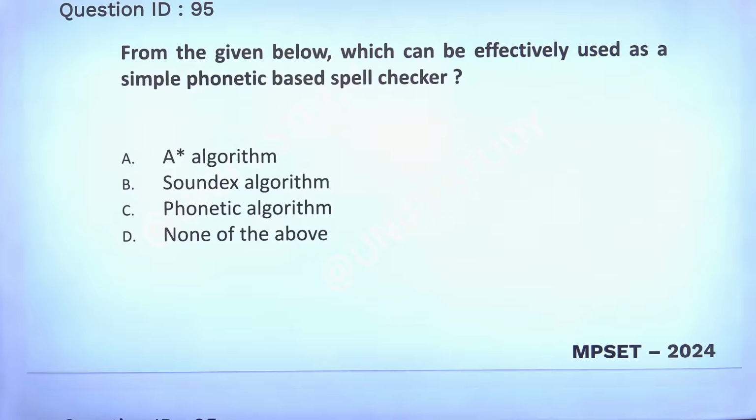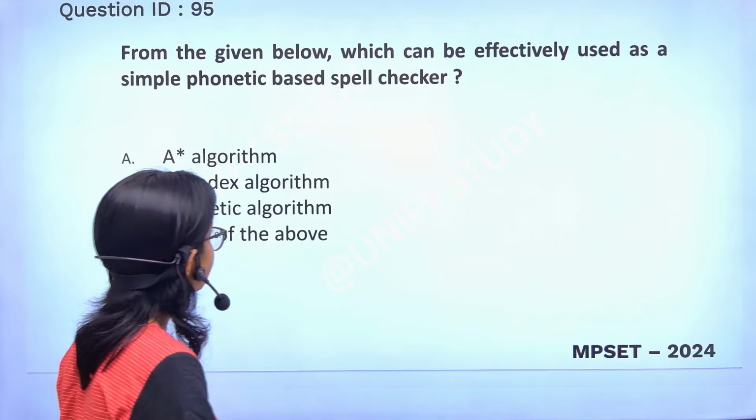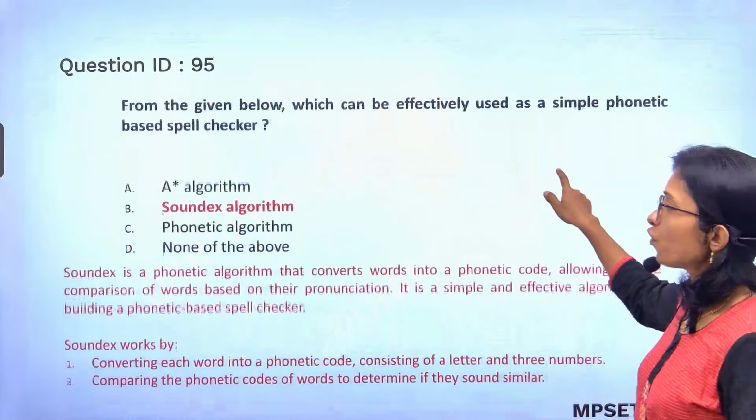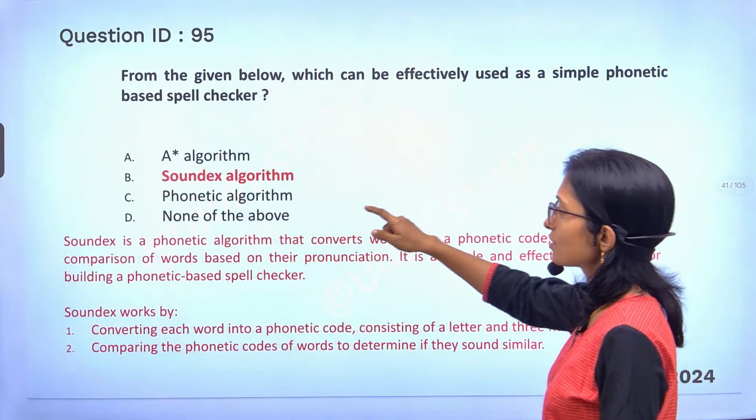Which of the given below can be effectively used as a simple phonetic based spell checker? Maybe this is a little bit unknown to you, but you can predict the answer. The answer is Soundex.